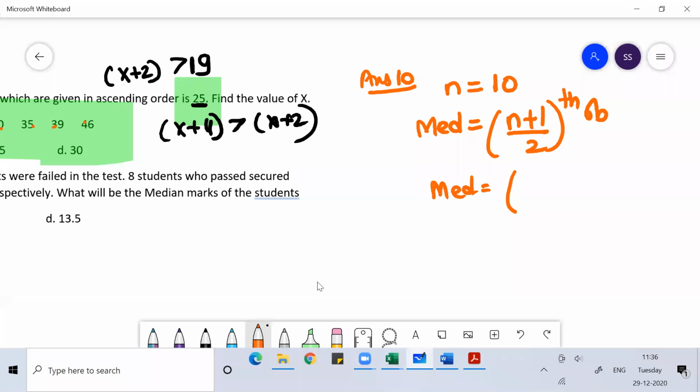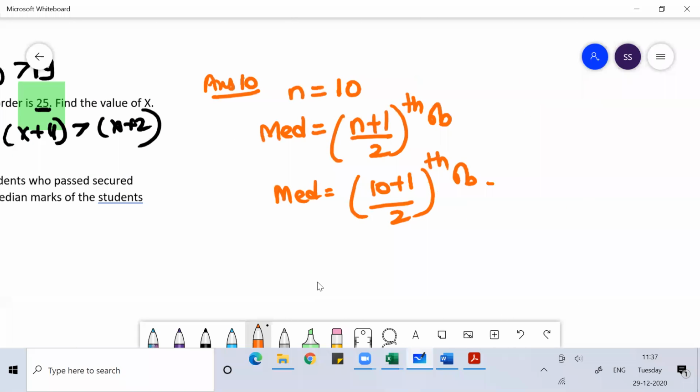So your median is the (10 plus 1) by 2 observation, which is the 11 by 2 observation, meaning the 5.5 observation.